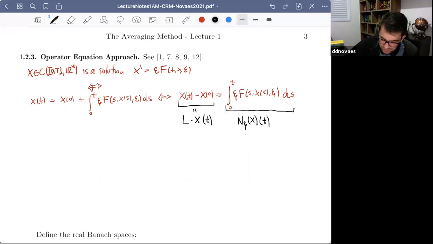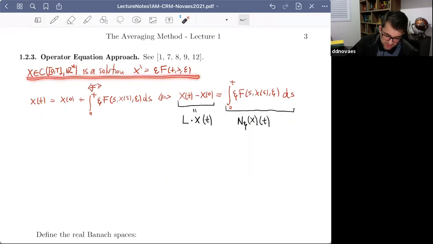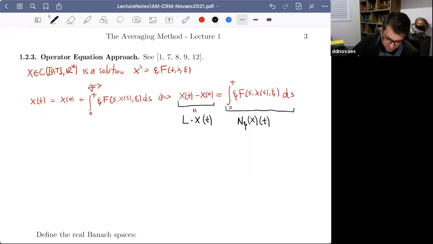So here we have a characterization of a solution of a difference equation. A continuous function x is a solution of the difference equation if and only if L applied to x is equal to N epsilon of x.